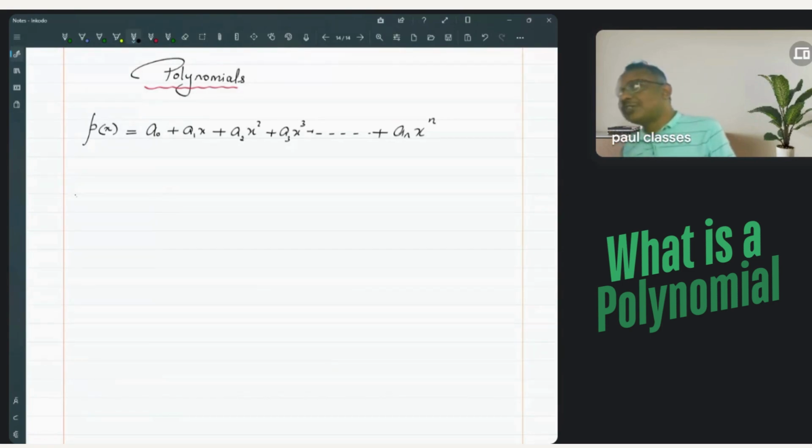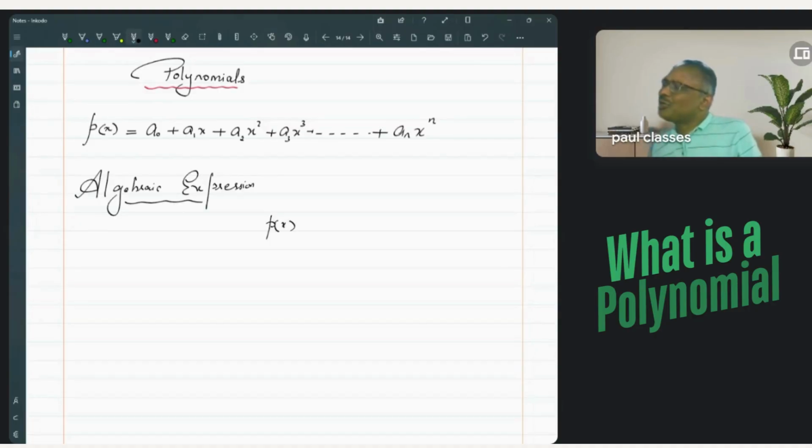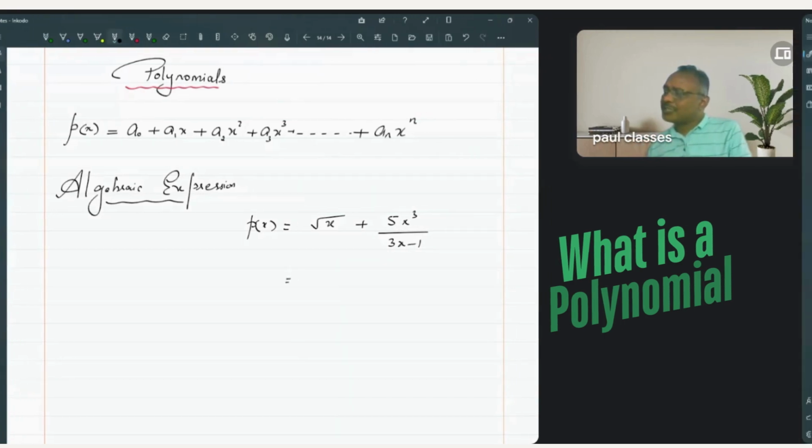Whereas an algebraic expression, what is it? It can be anything. Root x plus 5x cube upon 3x minus 1. This is an algebraic expression.